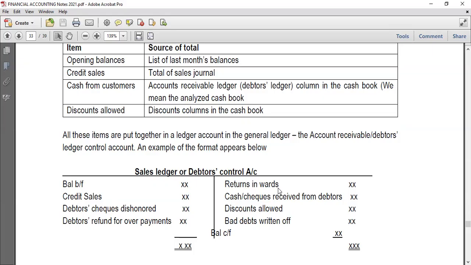It could be either our goods are spoiled, or maybe we gave them more than they actually ordered, etc. So the return inwards reduce our debtors balance. Why? Because for any goods that have been returned, we don't have to receive a payment for them, okay? Basically, they have been returned.